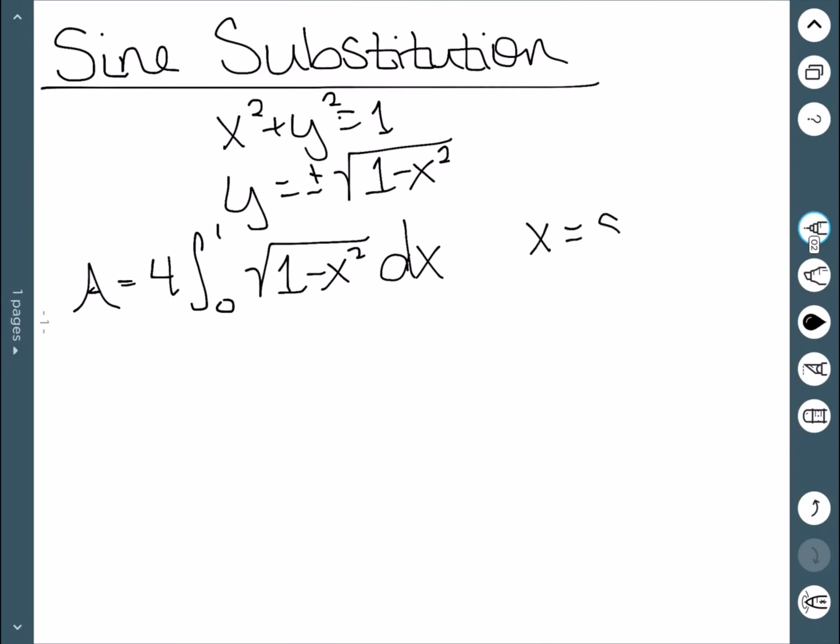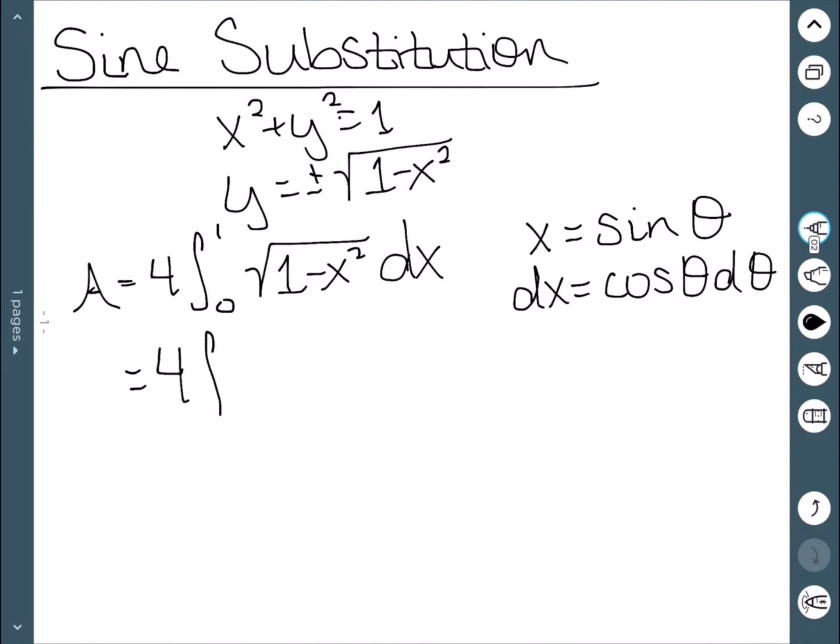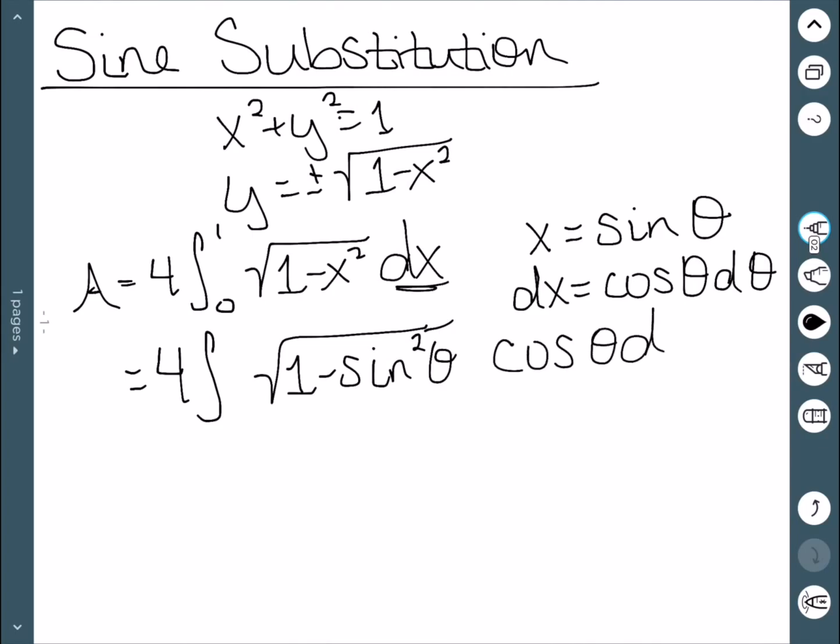However, if I let x be equal to sine theta, that means dx would be the derivative, which is cosine theta d theta. This now becomes 4 times the integral of the square root of 1 minus sine squared theta, and then this dx becomes cosine theta d theta.